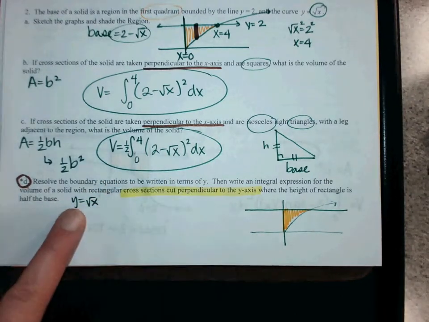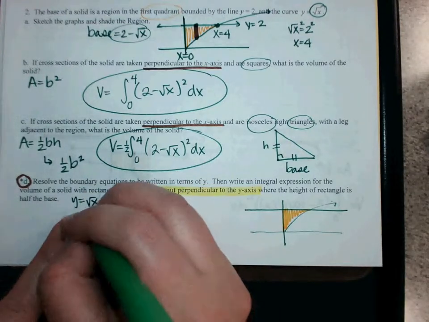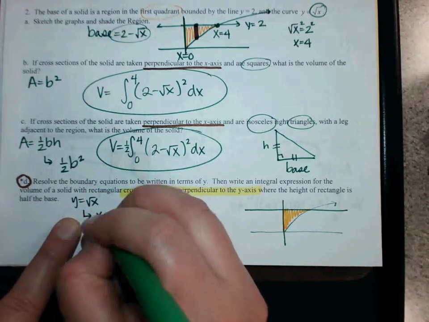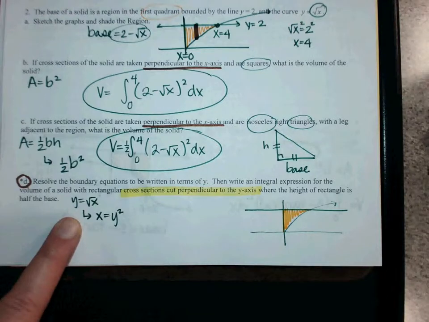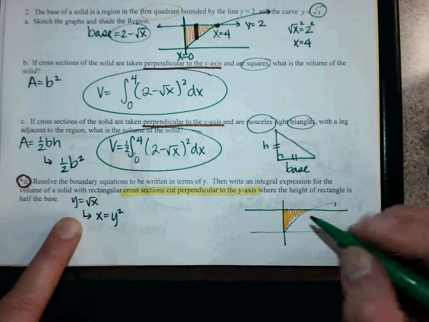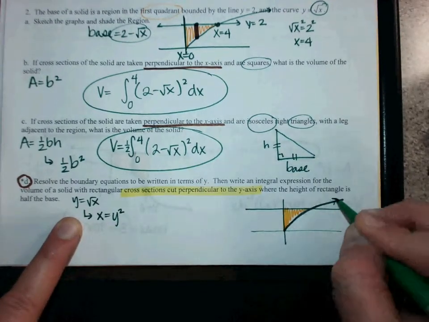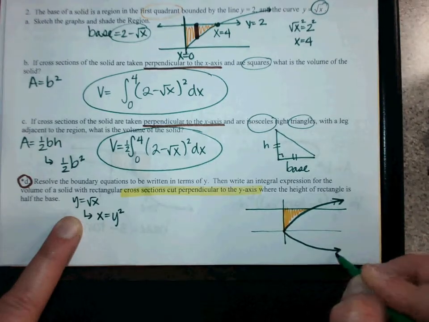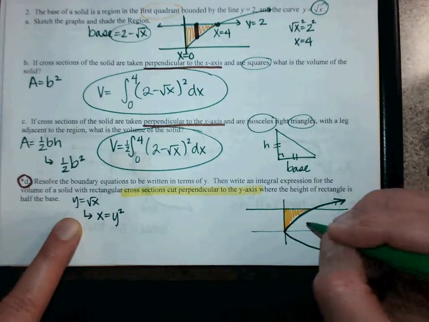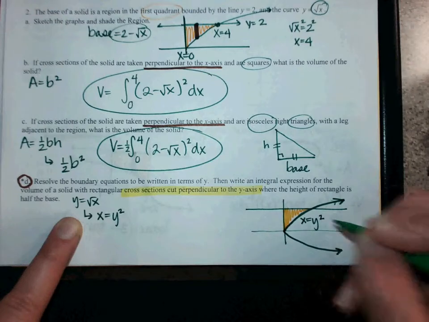How will I rewrite that as an x equals? X equals y squared, right? And if you look at your graph, does it make sense that that's a y squared? Okay, yeah. So this is now x equals y squared.